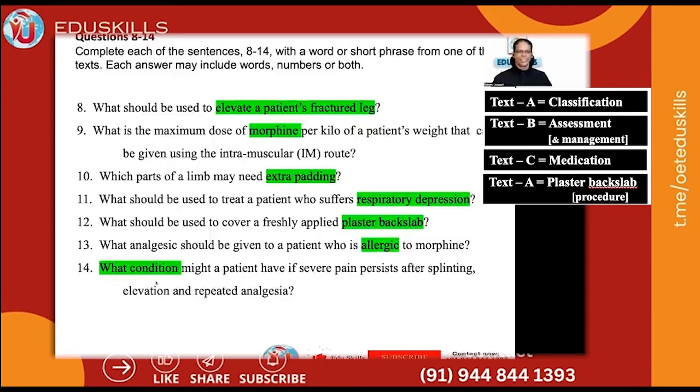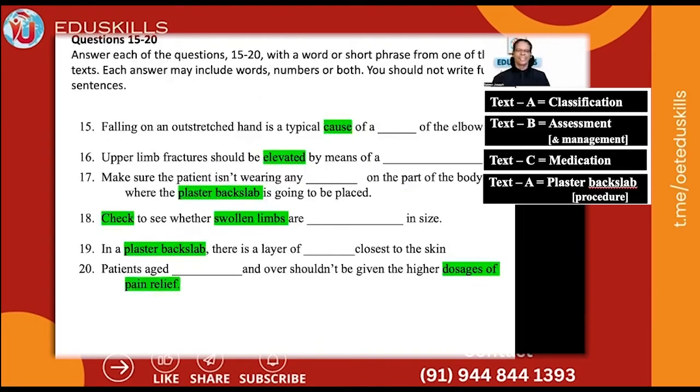You have to know what condition, what disease, what problem. Where do you get it? In the assessment, B. Now cause: A. Limb should be elevated: D. A plaster backslab: D. Check the swollen limbs: B. Dosages of pain relief: C.